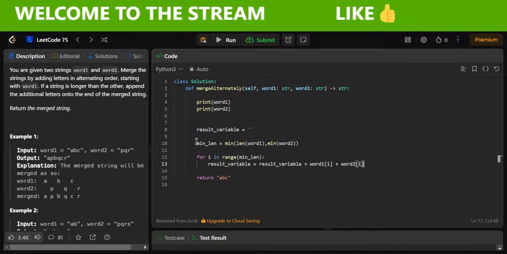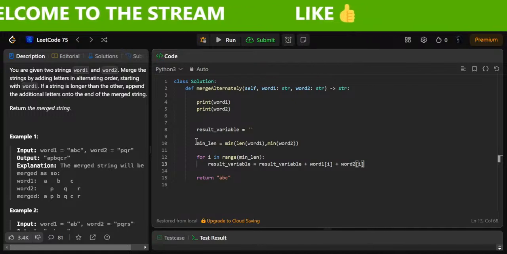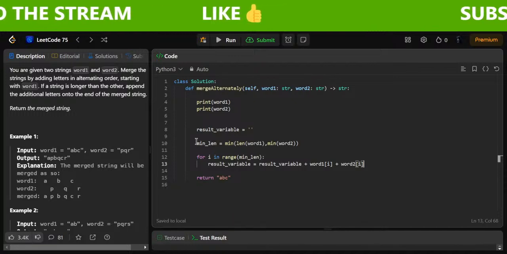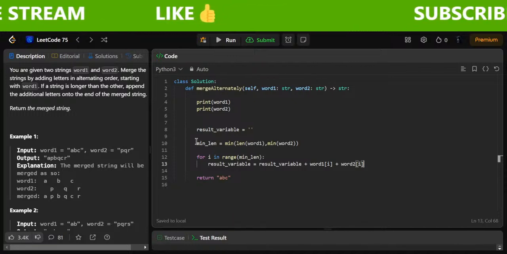Okay, after doing these things, this has the value now.